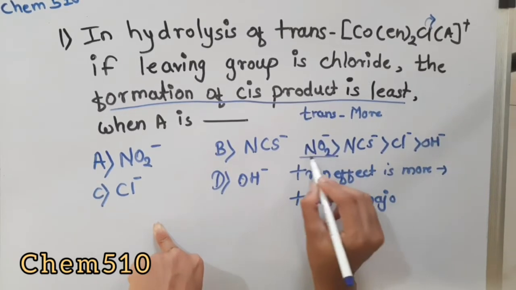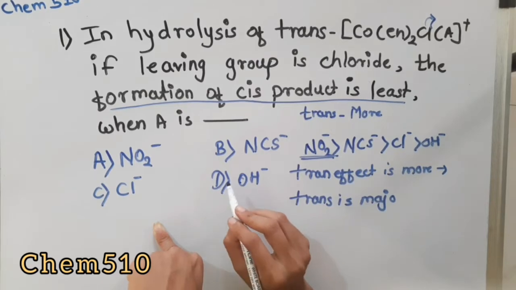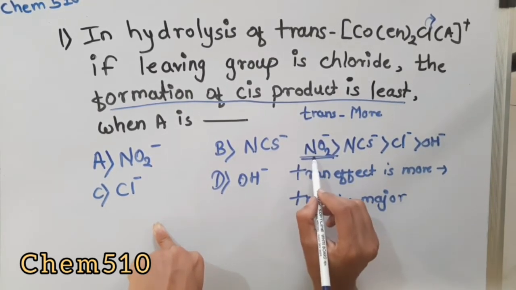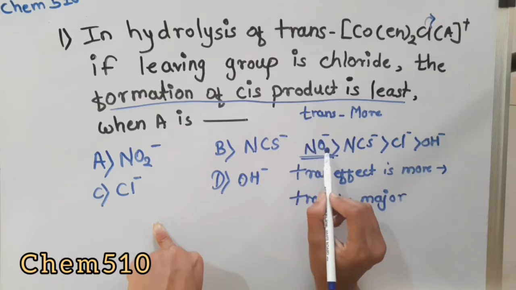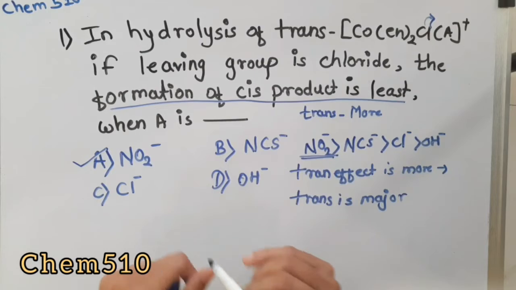So NO2 having the greatest trans effect, the major trans product is formed when A is NO2 minus, meaning cis is least. Option A is correct.